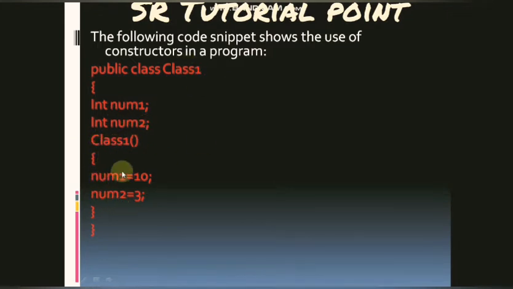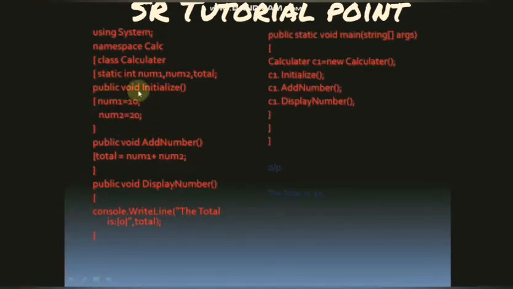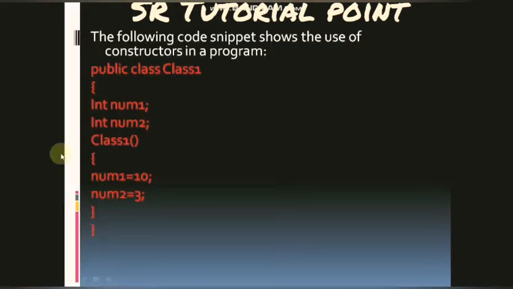Inside the constructor, I can assign a value directly. This is the other type. You can assign like this also. This is said to be an explicit declaration of a constructor, which you can give directly inside the code.